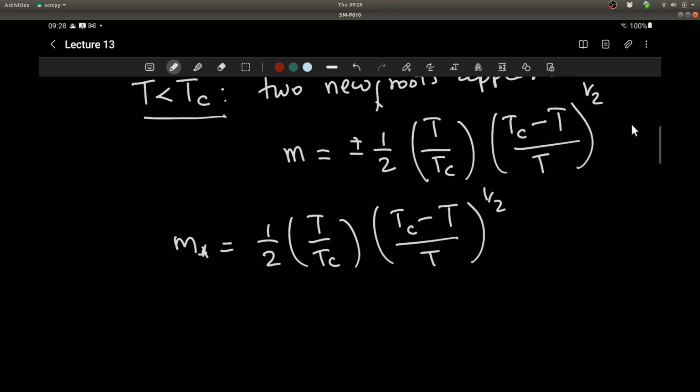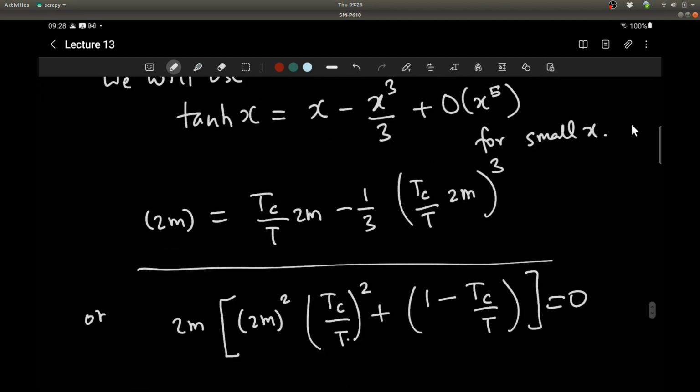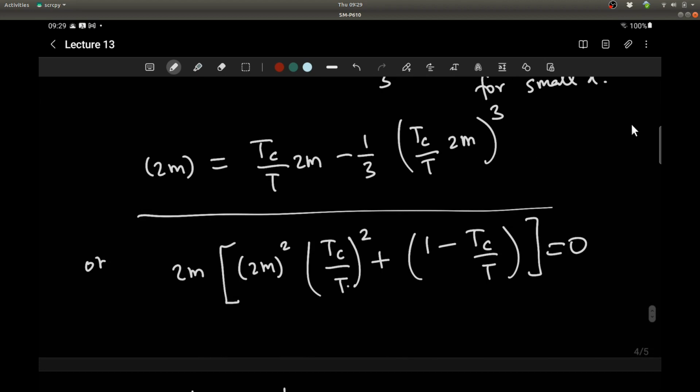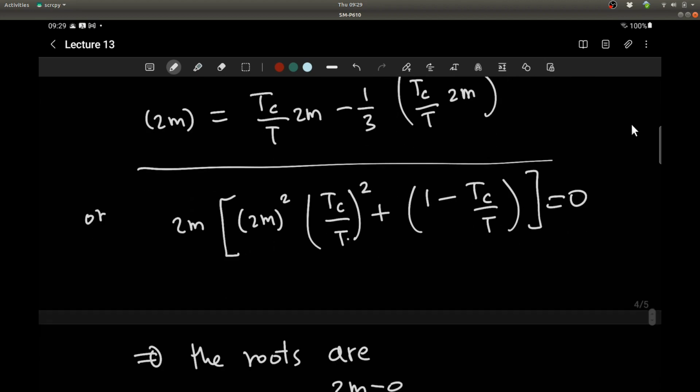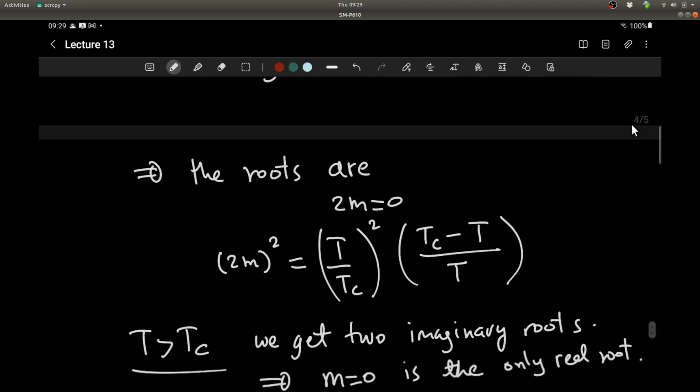Where did it go? Good question. It should be there. Yeah, it should be there. So there is some 3 somewhere. It goes with that, no? Wherever that thing is coming.